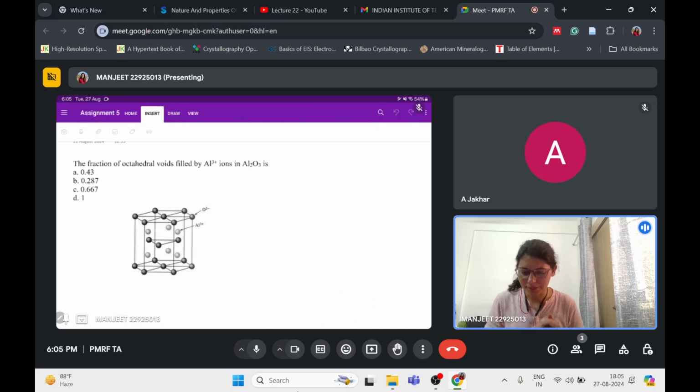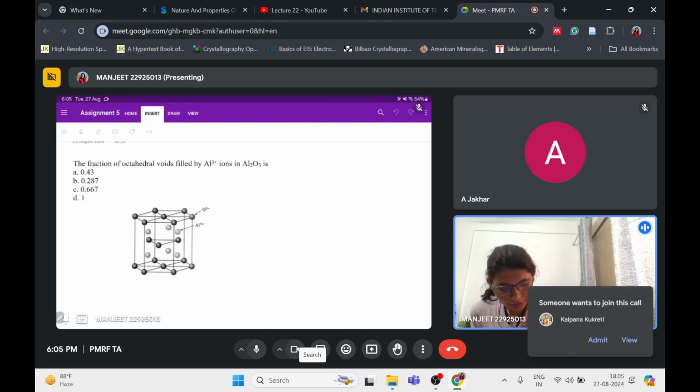So let's start. Question number 1: the fraction of the octahedral voids filled by the aluminium 3+ ion in Al2O3 is? So what will be the octahedral void fraction filled by the aluminium 3+ ion?